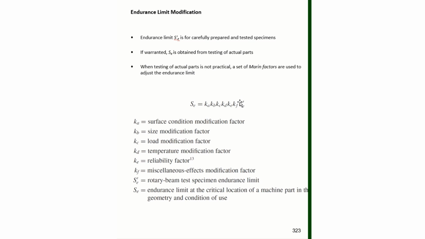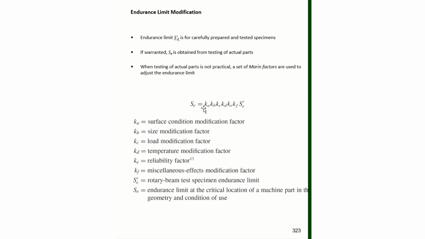So SE prime is the unmodified endurance limit, and it's 50% of the ultimate strength up to 200 kpsi, and then it's 100 kpsi if the ultimate strength is greater than 200 kpsi.